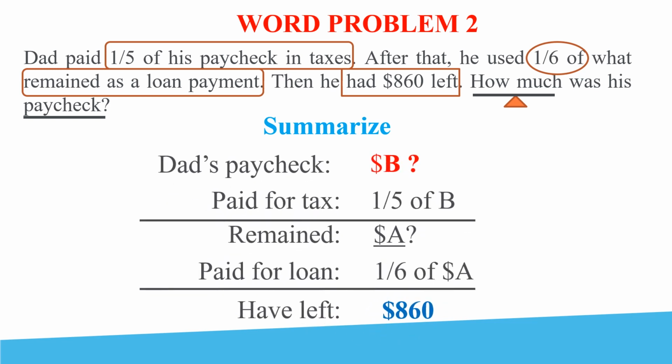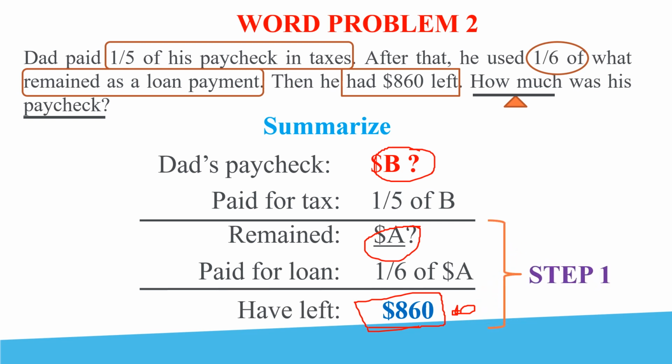So, as you can see, this is 860, the end, and we need to find A and B, starting from here. Okay, let's move on to our steps. This one here is going to be our first step, and the last one, step 2, we are going to find the paycheck.